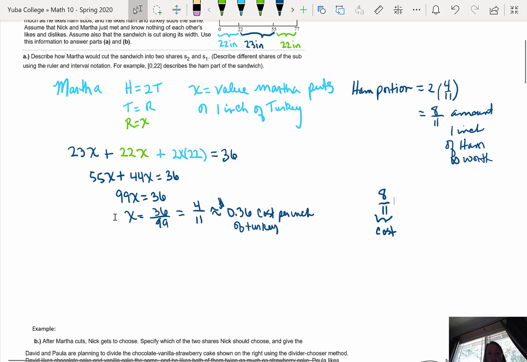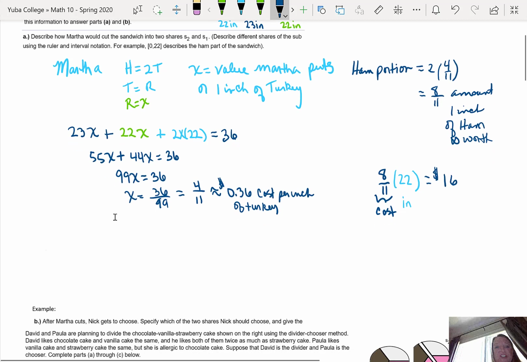And so if we look at how many inches we have for the ham, that was 22 inches. So this is going to equal, well, I can reduce, 11 goes into 22 2 times, so this is $16. So the ham portion is worth $16 for her.